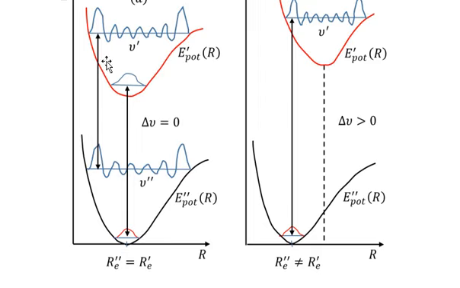The reason is that this transition and the transition in the center have the same values. It is because the potential corresponding to E single prime and the potential corresponding to E double prime have the same dependence on capital R. That is, the curves are identical. That is, the black curve and the red curve are identical.